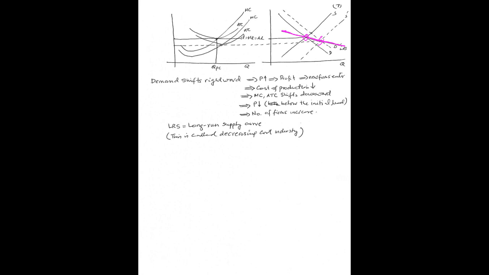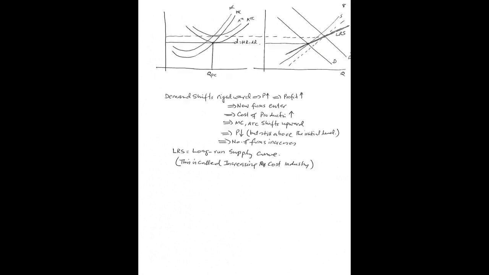For the increasing cost industry, cost will increase if you produce more, like gold and silver. So I don't have to explain this, but one thing you should notice in the decreasing cost and increasing cost industry, although the diagram, I think I have written somewhere. Okay, I will read this. Maybe it's here.